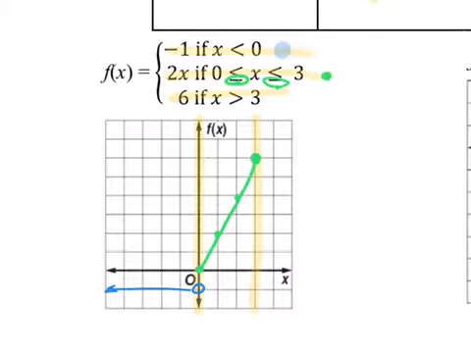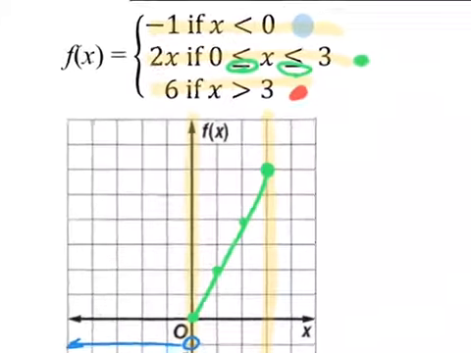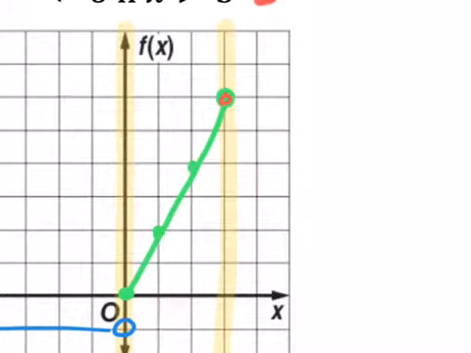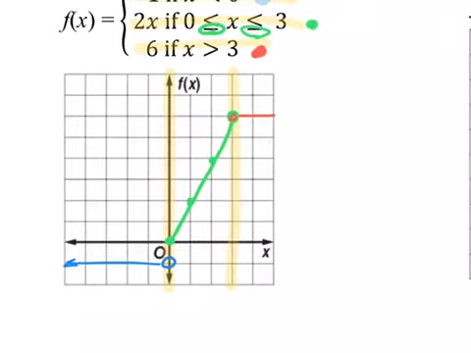And then it says, hey, it picks up at, so I'll do this one in red. When we get to 3 with an open circle, y is equal to 6. So we'd have an open circle, and then our line heading this way.